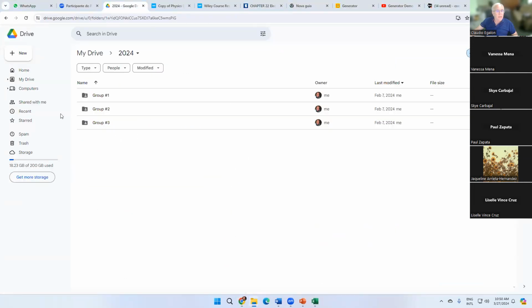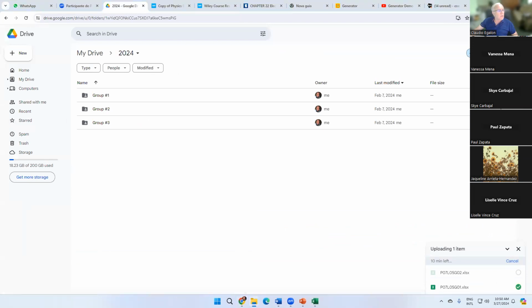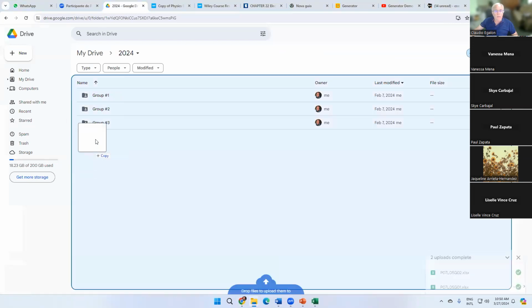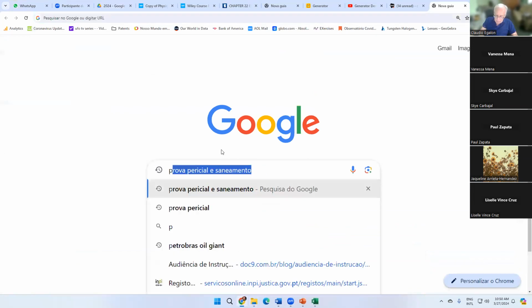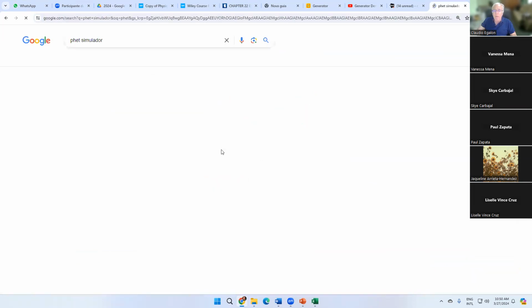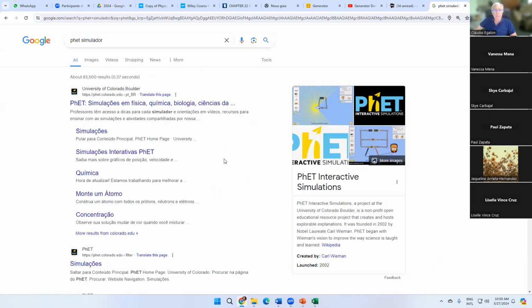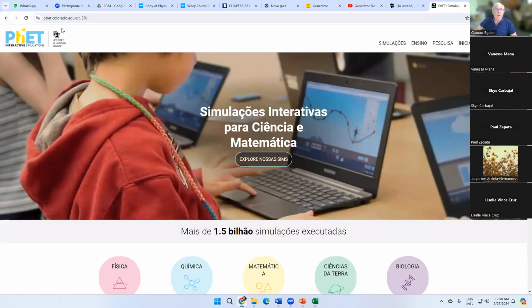Group 1, spreadsheet. Group 2 is spreadsheet. Group 3 is spreadsheet. And what I'm going to do, let's take a look at some other simulations that I have here. It's going to be very useful for you to understand the experiment. Fat simulator. Okay. So here you go. No, I don't want that. That's Portuguese.